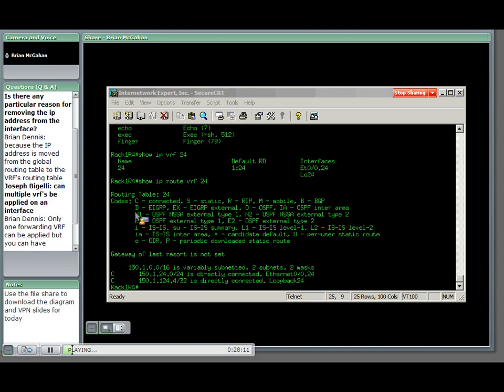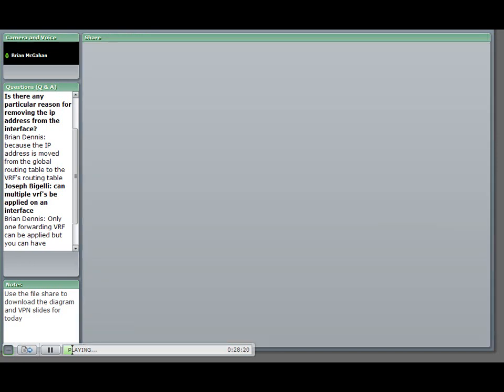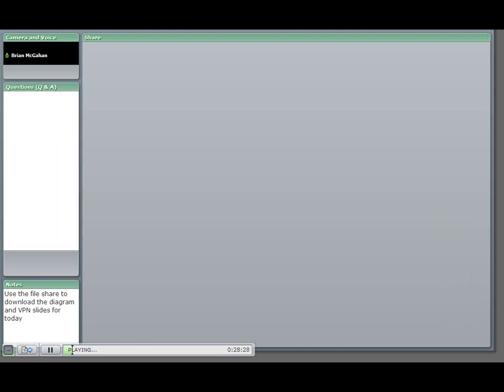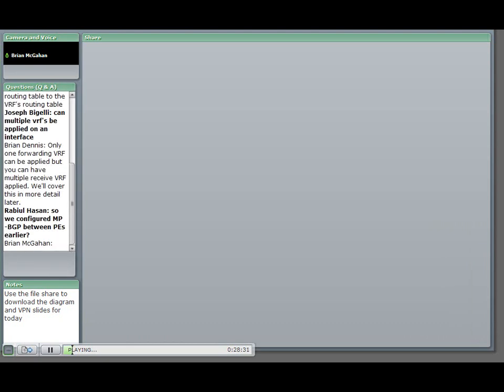Okay, so at this point, the configuration we did by creating the VRF and applying it to the interfaces is what is known as VRF Lite. This is the basic configuration that we need for VRF Lite between the neighbors. Now this question: in yesterday's example with MPLS, we did not configure multi-protocol BGP.